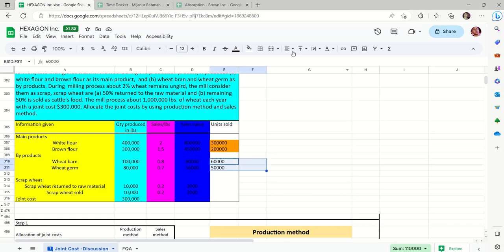I'm going to highlight that in light blue. These are the units that are sold. We would simply multiply 660,000 units that we sold, multiplied by their market value per unit or per pound, 80 cents. The same way we would multiply 50,000 pounds, multiplied by 70 cents. This is the total sales value.